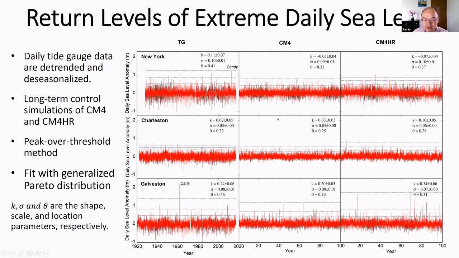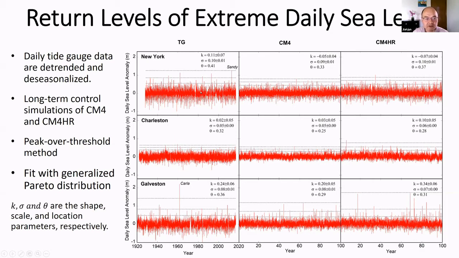The middle panels are the simulation results from CM4. The right panels are the results from CM4 HR. You see at New York, the model actually underestimates the return levels.